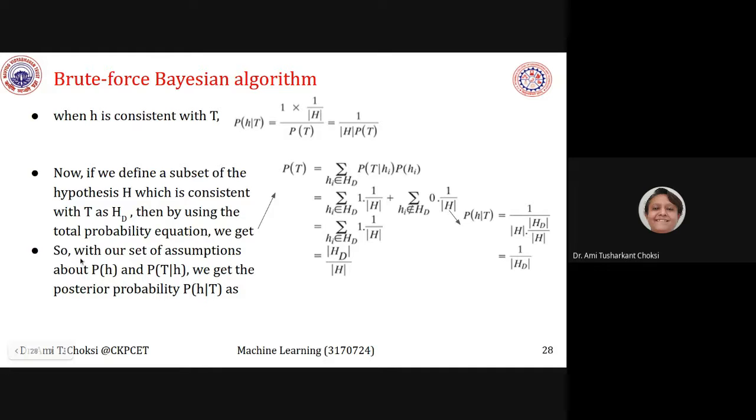So, with our set of assumptions about P(h) and P(T|h), we get the posterior probability P(h|T) as we have just seen. It has the value 1 upon |HD|, right?